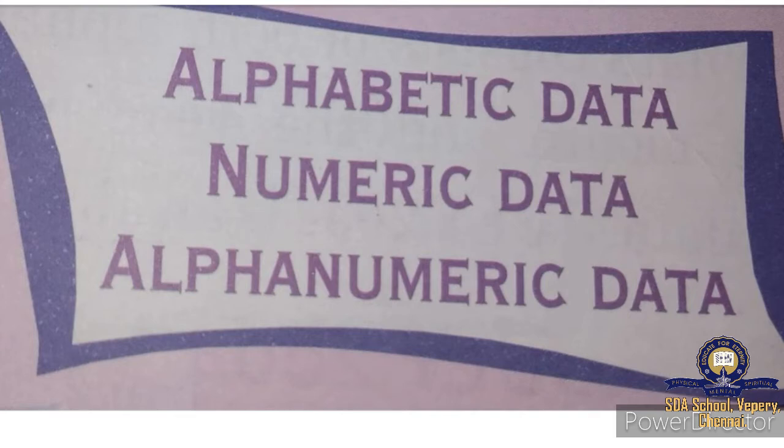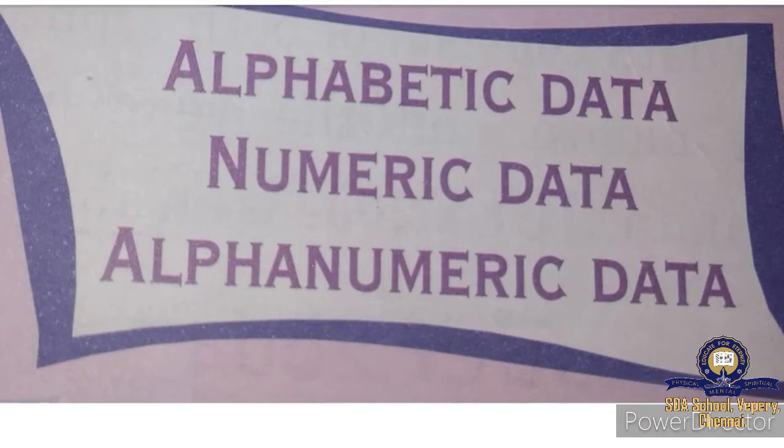It is something like 2 apple, the number 2 along with the alphabets APPLE. If you type apple, that is alphabetic data. If you type the number of apples you ate, that is numeric data. If you type the number and alphabets both together, then it becomes alphanumeric data.